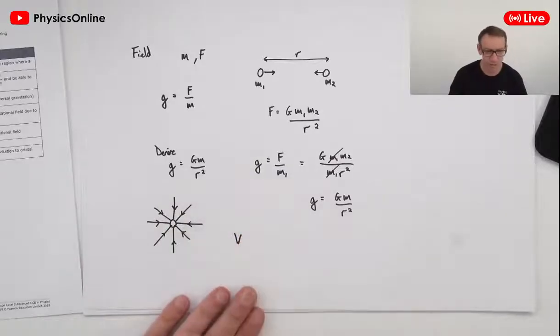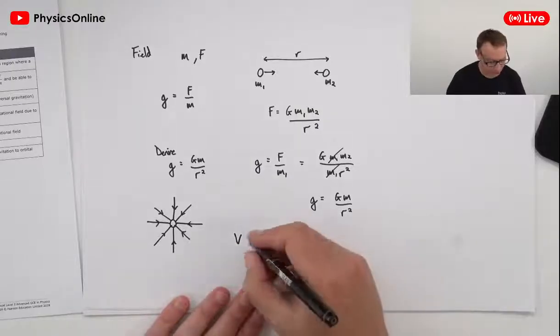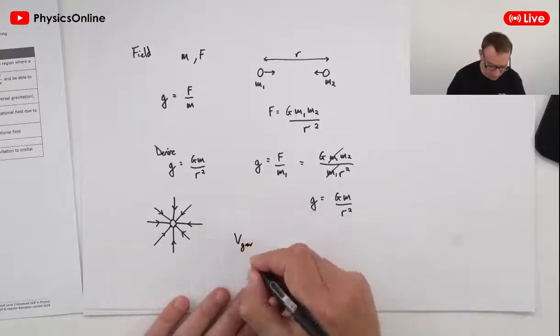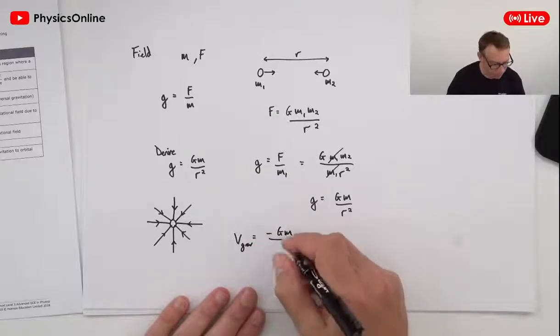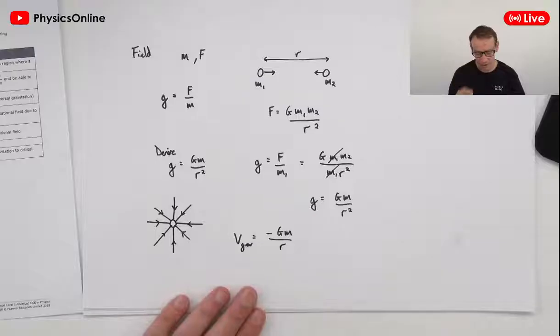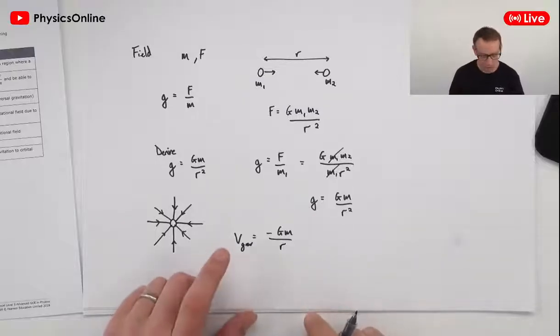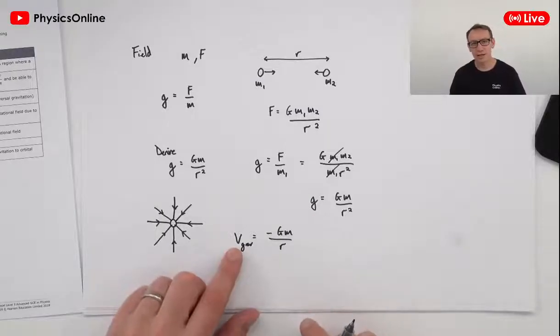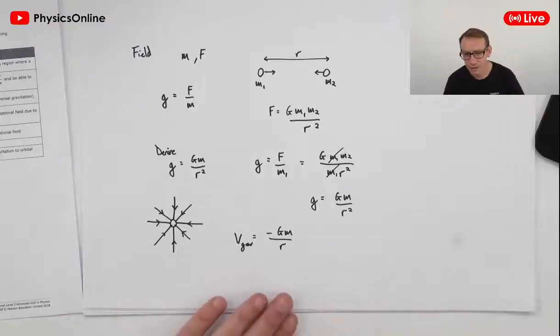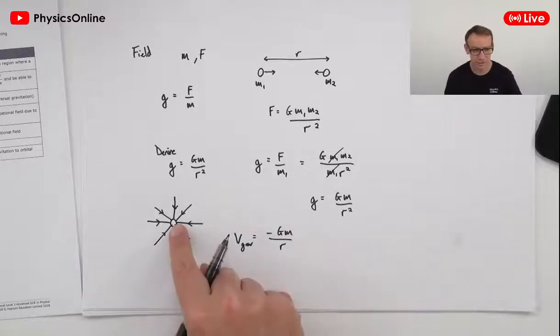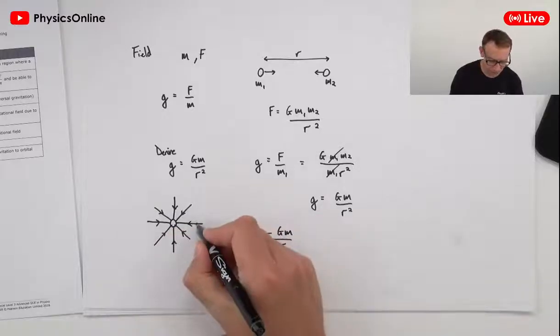Now we can look at the difference in the gravitational potential, that's V grav, okay, and that's equal to minus Gm over r. Okay, so this is the other equation you need. Now, V grav is basically the gravitational potential per unit mass. Okay, yeah, so maybe this is like the field of M2, and we could look at the size of g at some point.